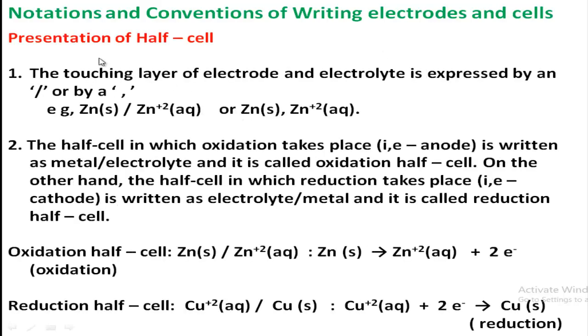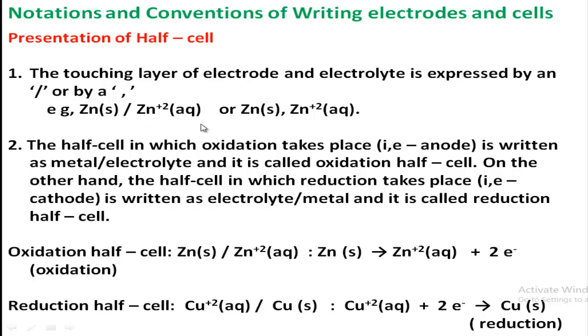Now I will discuss the presentation of different half cells or full cells, that is, cell diagrams or cell reactions, etc. For example, presentation of a half cell. That means how can we write a half cell in short.